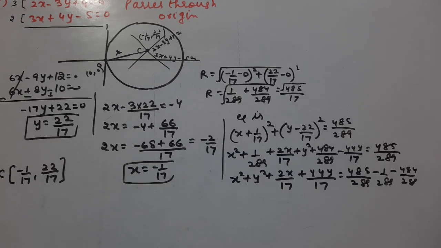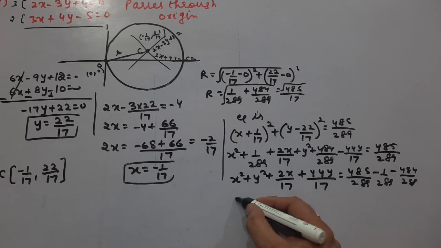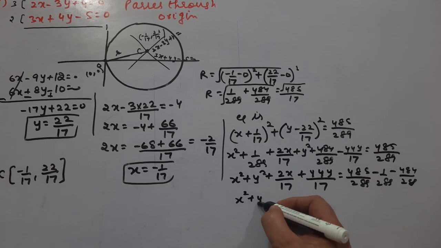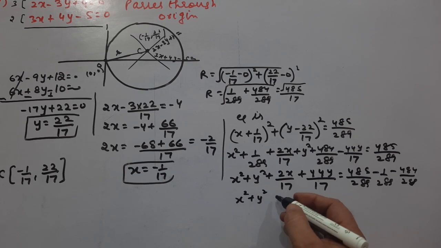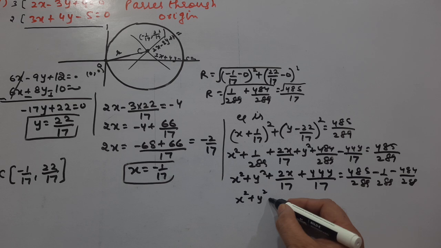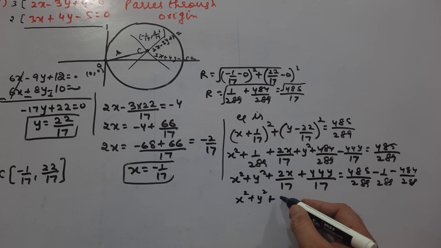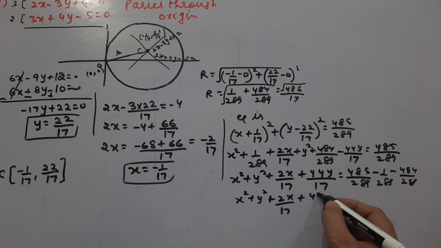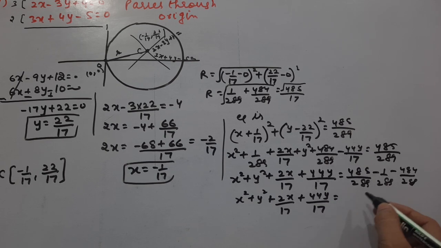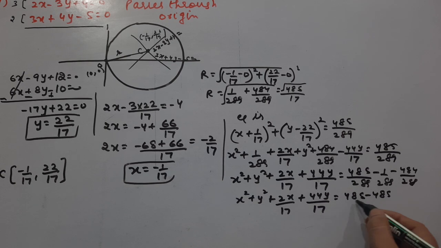Right? Now we get x square plus y square plus 2x upon 17 plus 44y upon 17 equal to, when I solve it, 485 minus 485 upon 289.